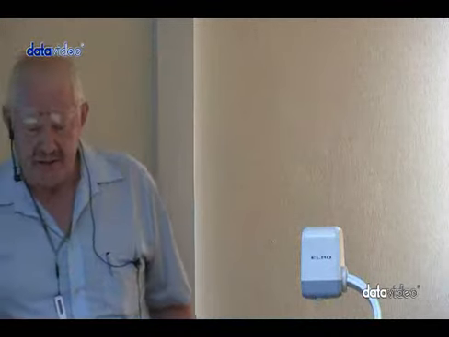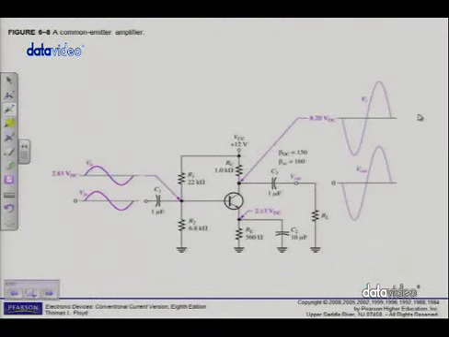Alright, figure 6.8, common emitter amplifier. We've already established the type of biasing that's being used here. There's my supply, the 12 volts VCC.